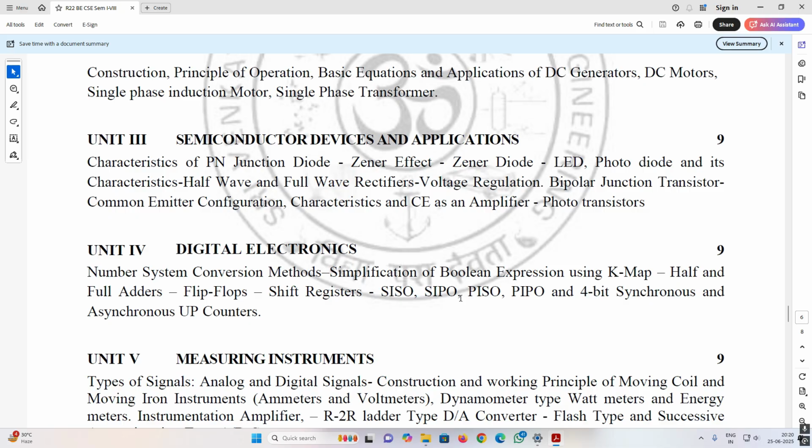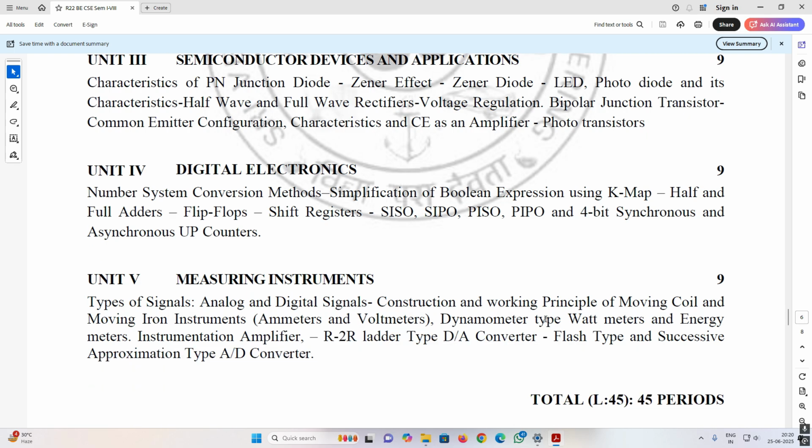Next, unit 5, it discusses measuring instruments. First it talks about types of signals, analog and digital signals. What is an analog signal and what is a digital signal, and the difference between these two signals.